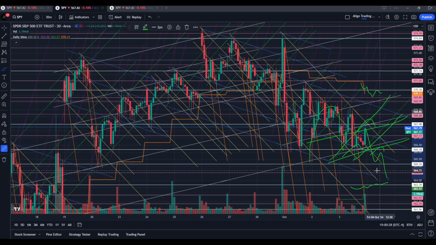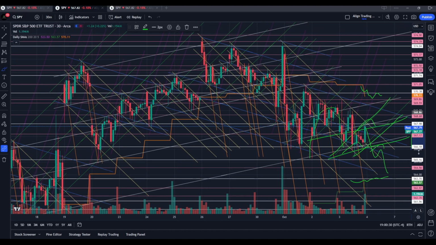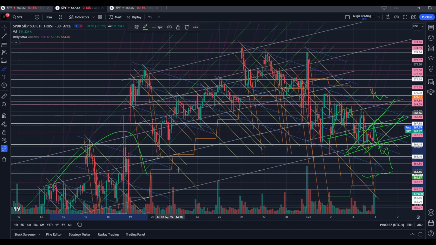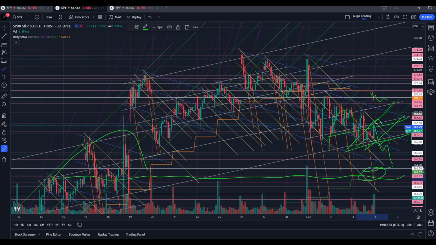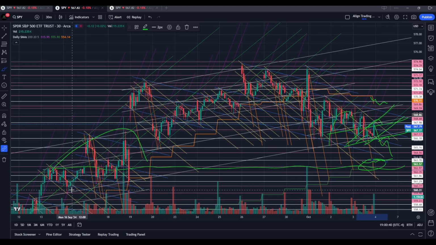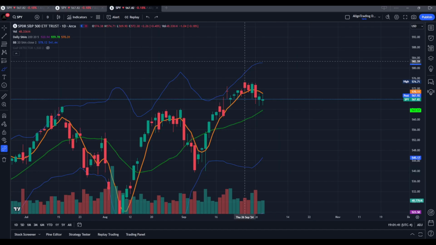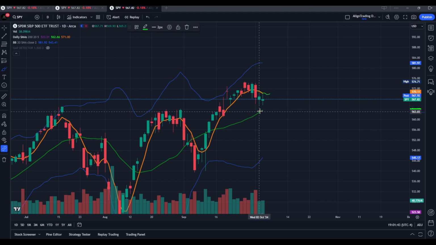And if we start breaking below, you can see how we can start to grab this liquidity right here on the way down. A couple of levels to pay attention to. First one will be this 20, and then if we lose the 20, you can see how this larger inverse cup can close right here. So as I'm talking about these two moving averages right here, pay attention as we are between them.